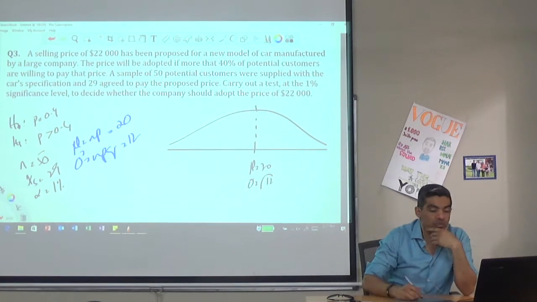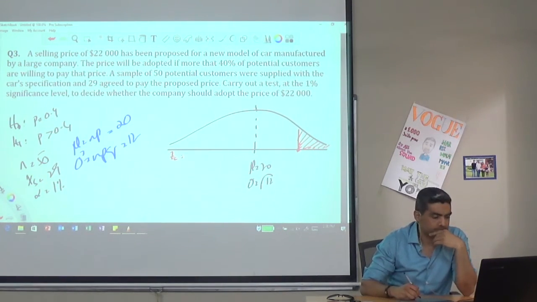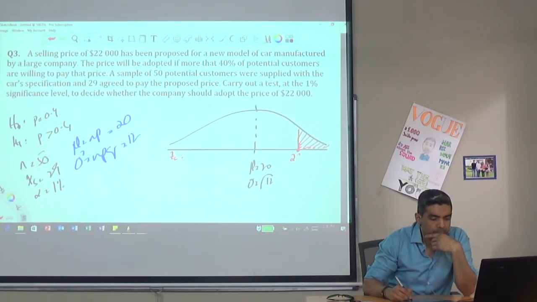The rejection region is on the right. So the Z critical for 1%, 0.99, is 2.326. Z value for 0.99 is 2.326.